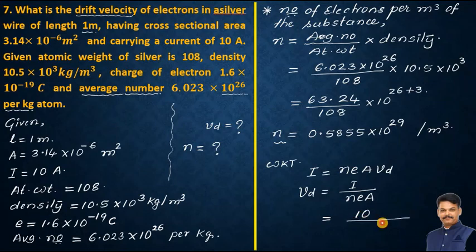So it is 10 divided by the number of electrons, already calculated, 0.5855, or you can write it as 586 into 10 raised to 29. Then charge of the electron, 1.6 into 10 raised to minus 19, into the area of cross section, 3.14 into 10 raised to minus 6.